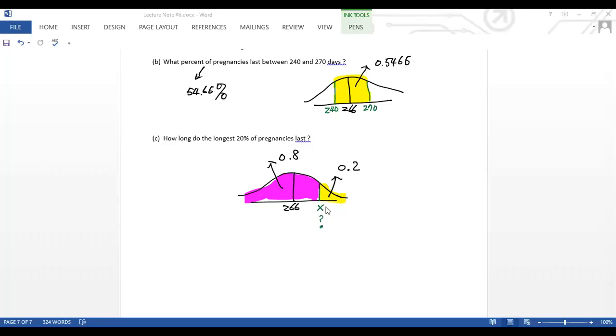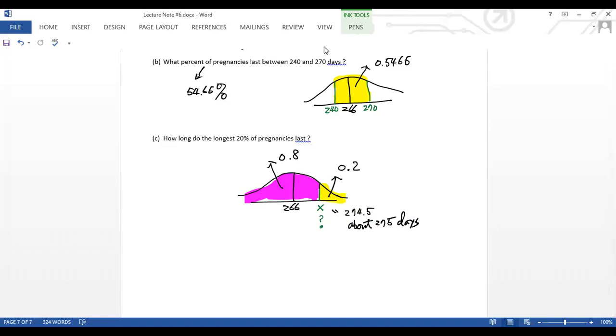So from the TI-84 calculator, this X is about 279.5, so about 280 days.